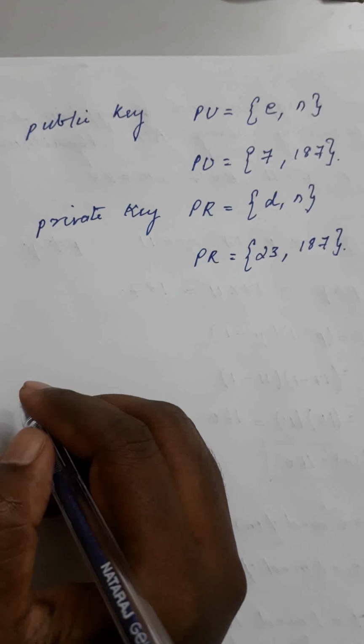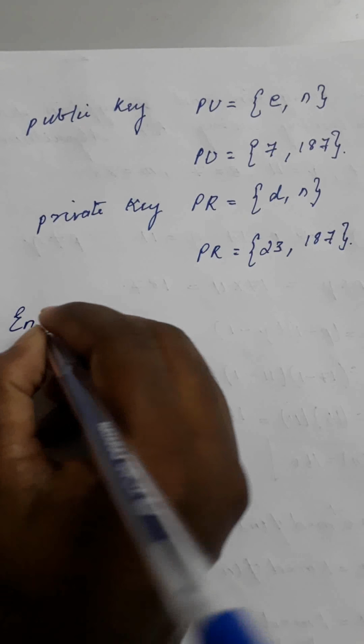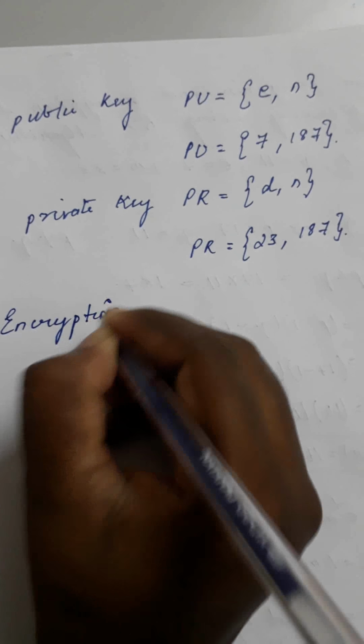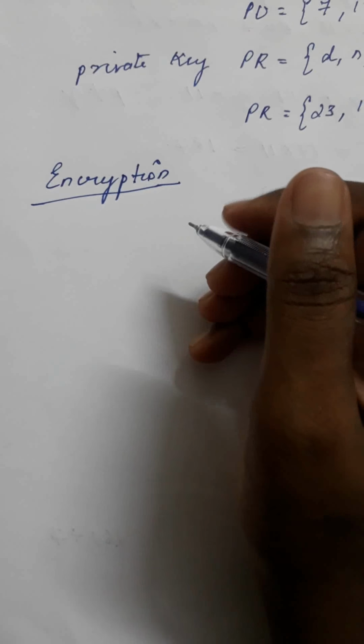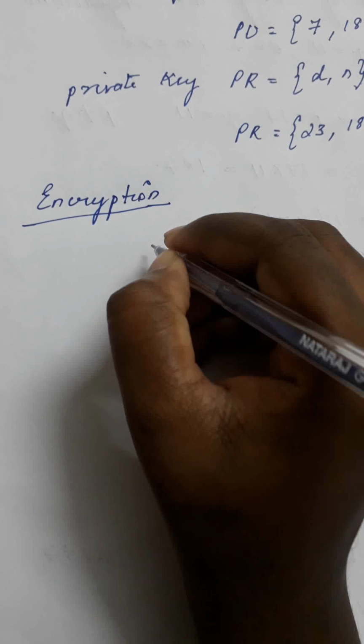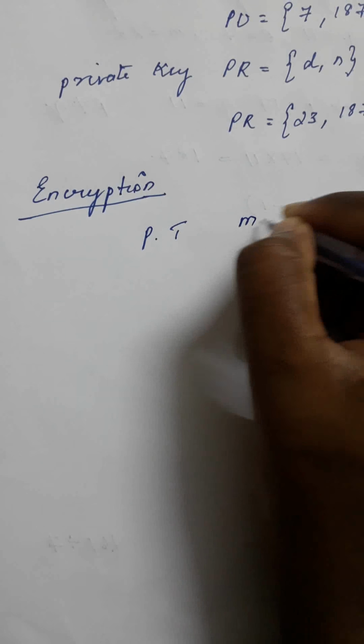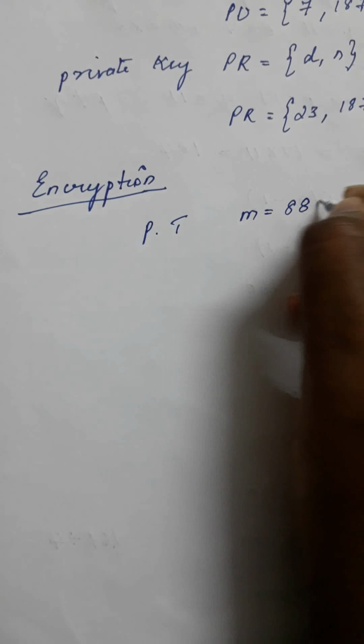Next we will proceed to the encryption and decryption process. First is your encryption process. In the encryption process, you have your plain text M is equal to 88.